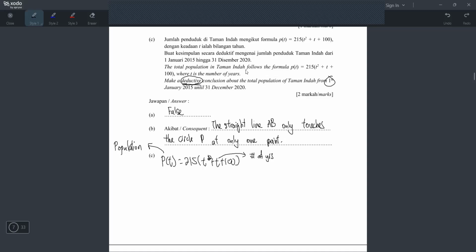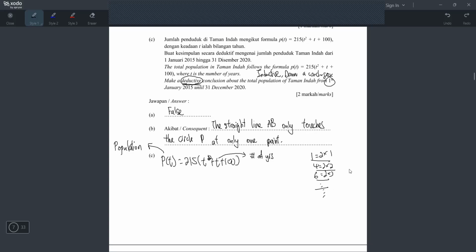Itu saja. Tapi kalau inductive, usually they will ask you to draw a conclusion. For inductive punya soalan, they will give you banyak premise. Like for example, 1 equals to 2 times 1, and then 2 times 2 equals to 4, and then maybe 2 times 3 equals to 6, for example lah, and then dot, and then you have to draw a conclusion.